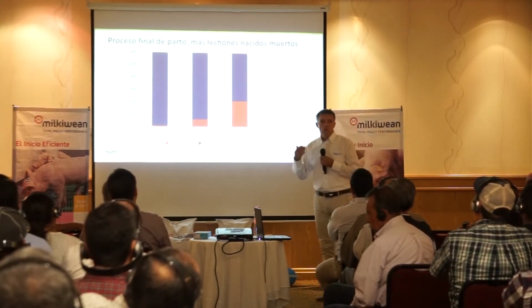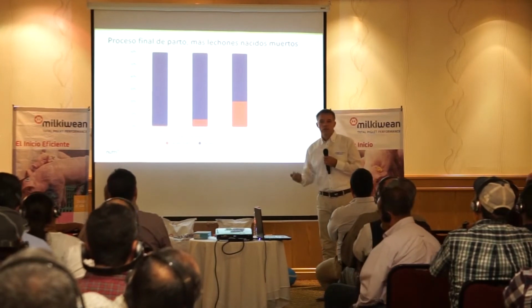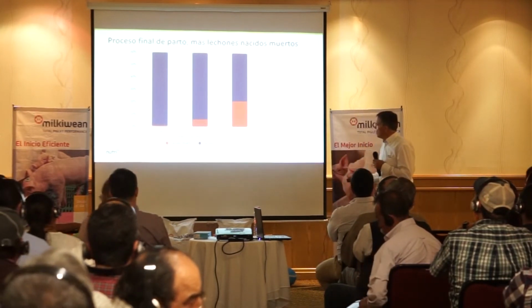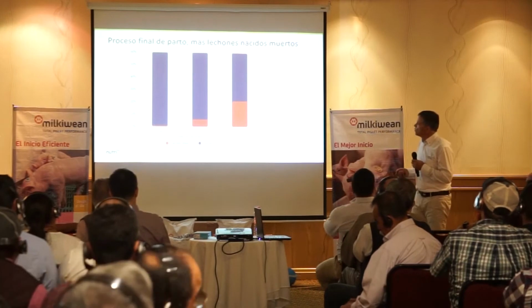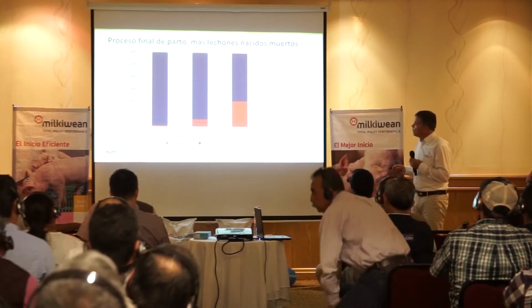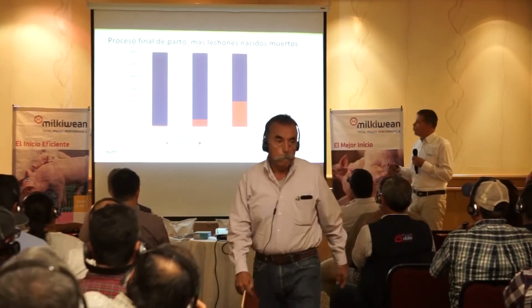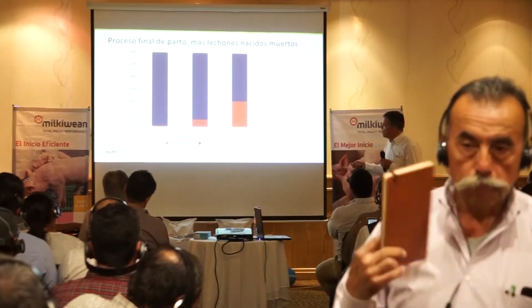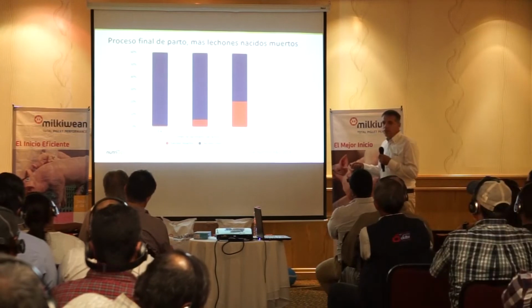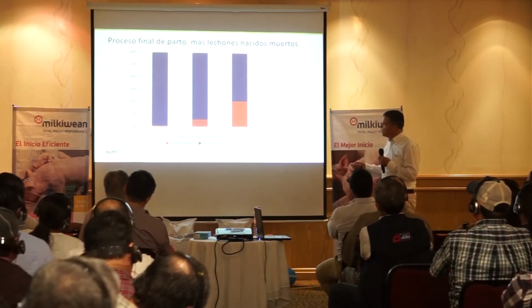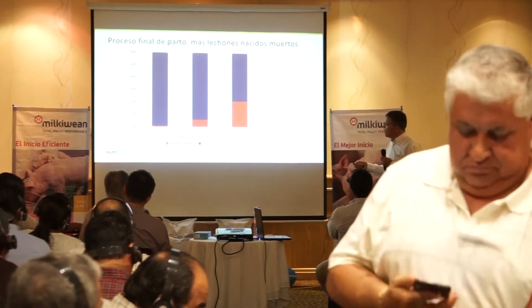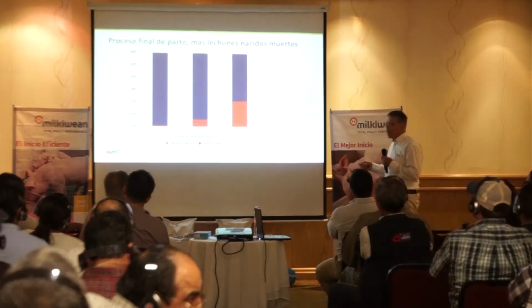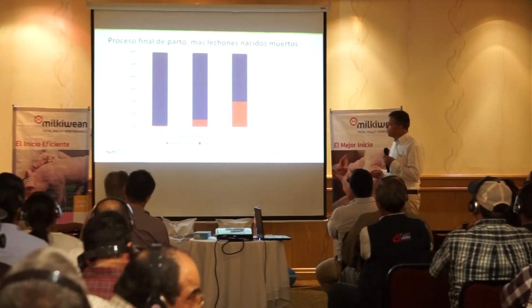When we look at the farrowing process and the stillborn, there is also data from our research center. The birth order is very important. So here we have birth order: the piglets that were born at the beginning of the farrowing process, 1 to 6, 7 to 12, and the piglets that were born after the 12th piglet.